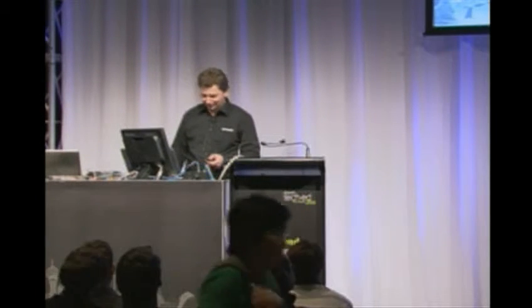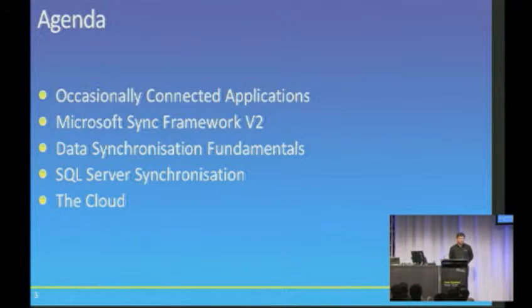So this talk is about the Microsoft Sync Framework version 2, or now 2.1, since they just released a small upgrade. And it's about the kinds of applications that this toolkit enables. So we're going to talk firstly about different kinds of applications that you're likely to build and some of the challenges that you'll experience.